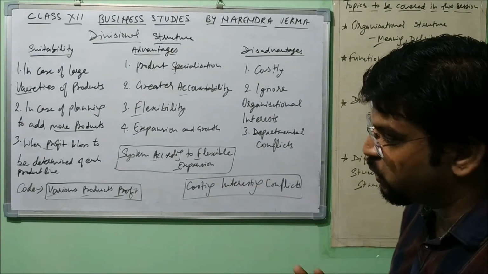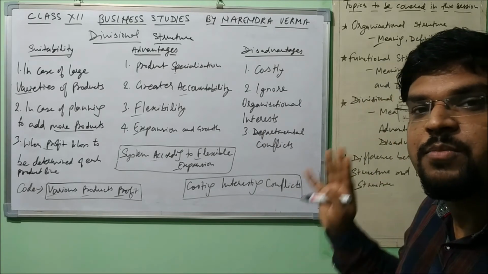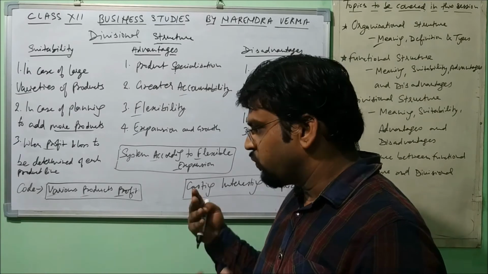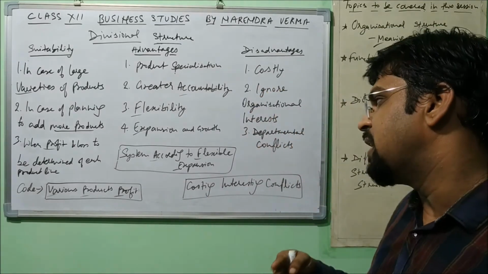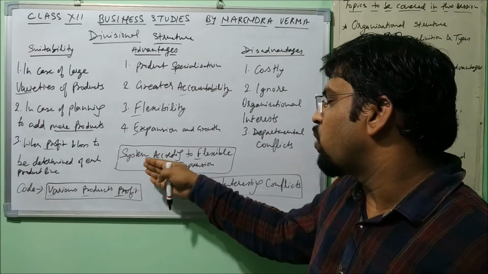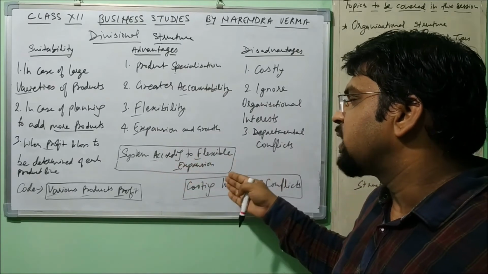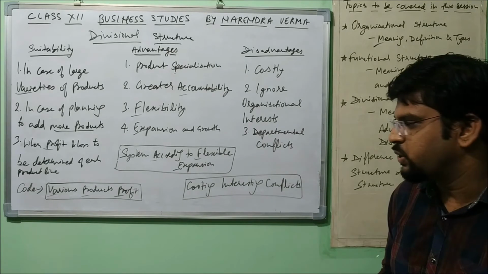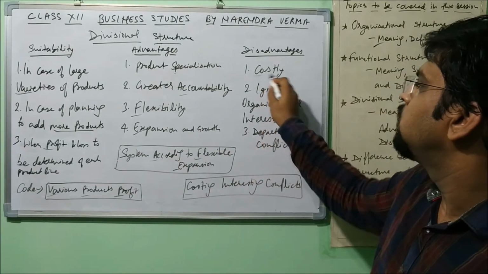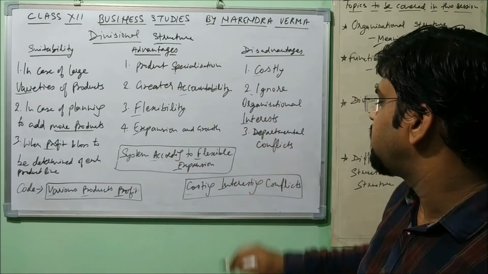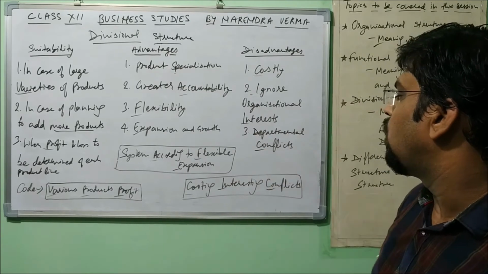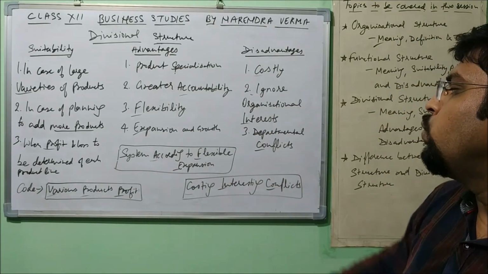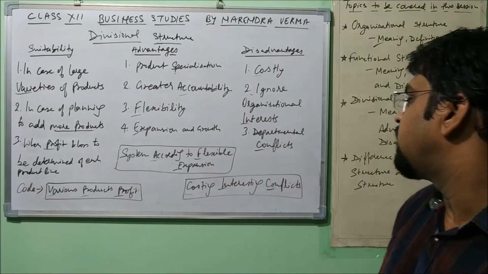So in all, you can remember the divisional one: if you have various products for the profit sake in the organization, definitely these are going to profit the system according to flexible expansion, but these are going to create a lot of interesting conflicts. So C stands for costly, I stands for interest, and C stands for conflicts. So: various products profit system according to flexible expansion, costing interesting conflicts.